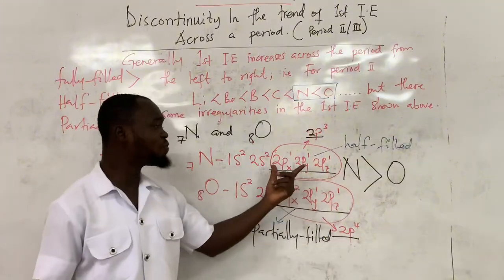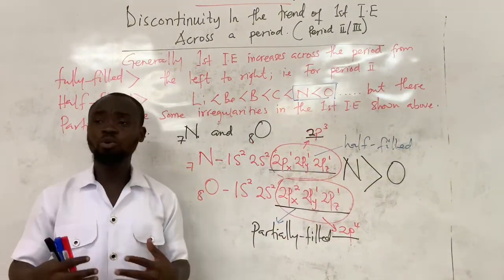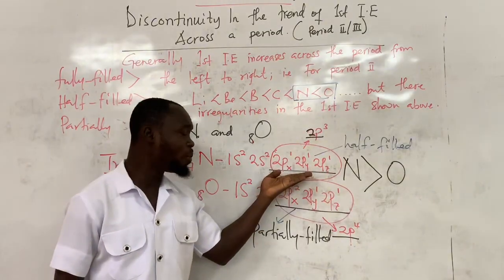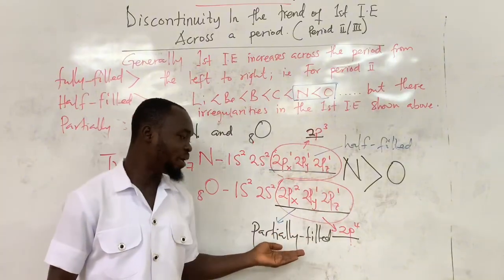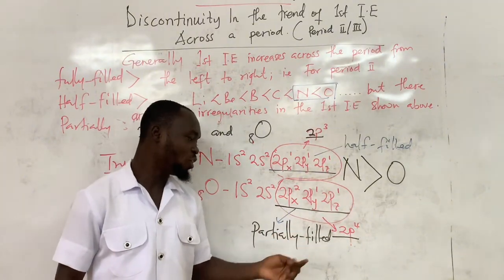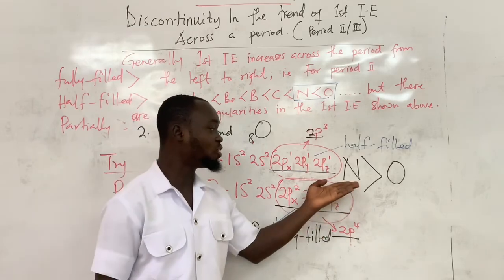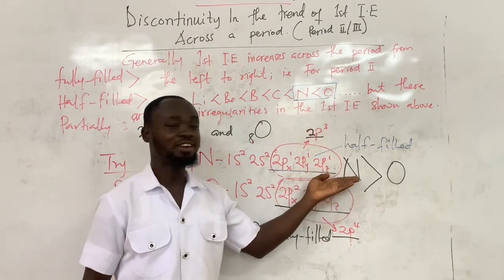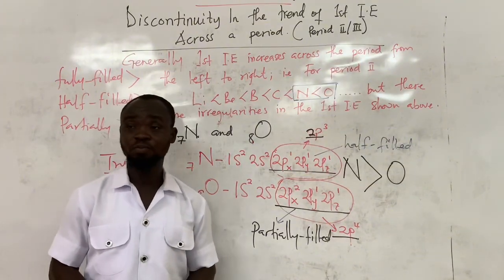And since half-filled are more stable than partially filled, it will require more energy to remove an electron in a half-filled 2p orbital in nitrogen than an electron in the partially filled 2p orbital in oxygen. Therefore, nitrogen should rather have a higher first ionization energy than oxygen. Is that okay?